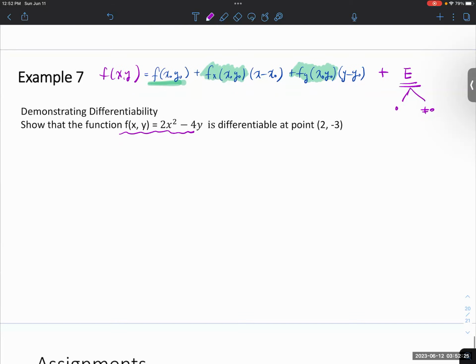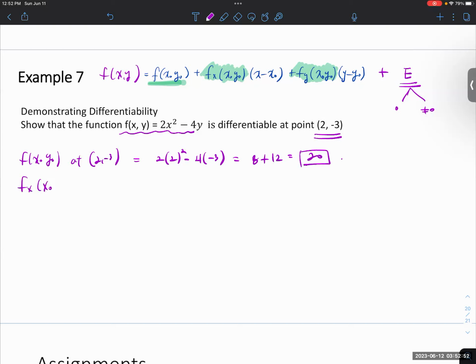So let's find out the equation of the tangent plane one more time. So f at x0, y0 at 2 comma negative 3. So 2 times 2 squared minus 4 times negative 3. 4, 8 plus 12, you should get 20. And then the partial derivative at 2 comma negative 3.